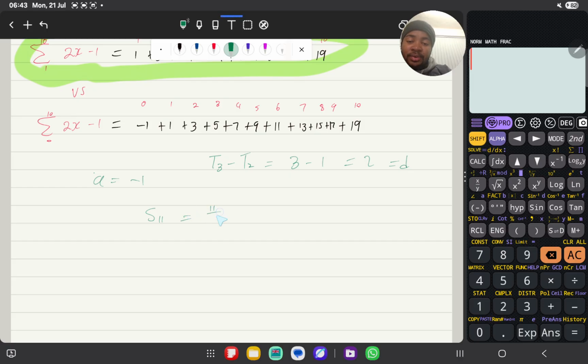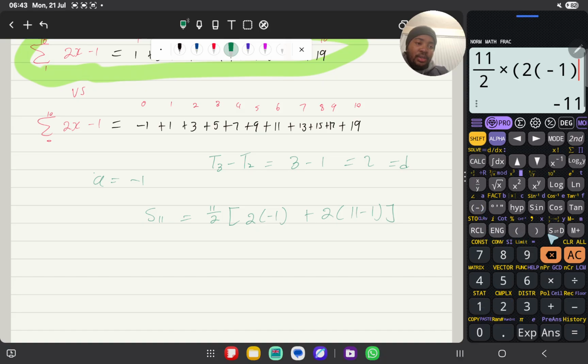Alright, so I'll have 11 over 2, then 2 into minus 1 plus 2 into 11 minus 1. 11 over 2, 2 into minus 1, plus 2 into 11 minus 1. Right, I am getting the 99 that I got.